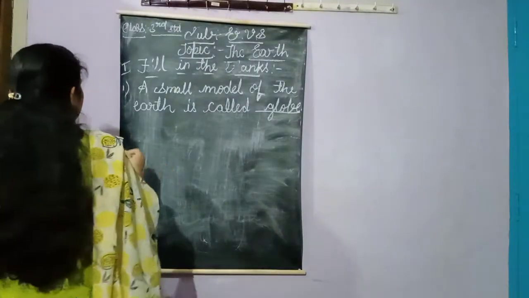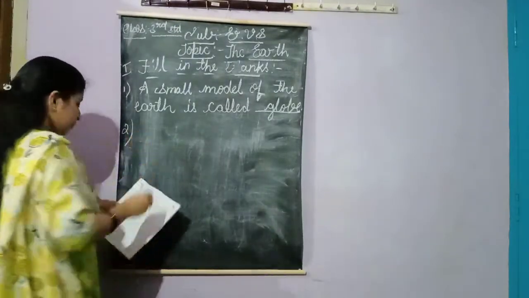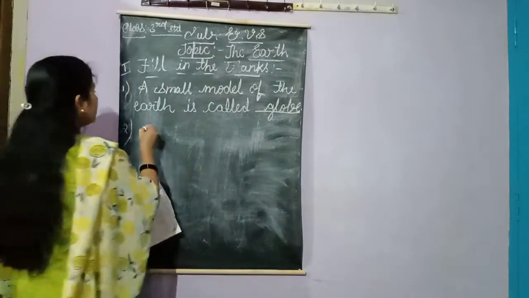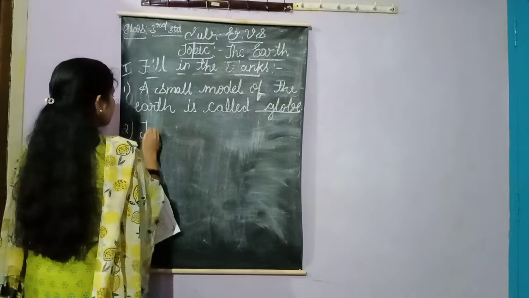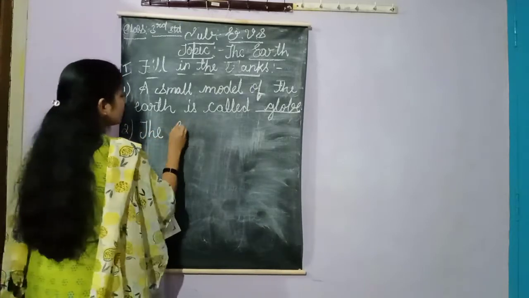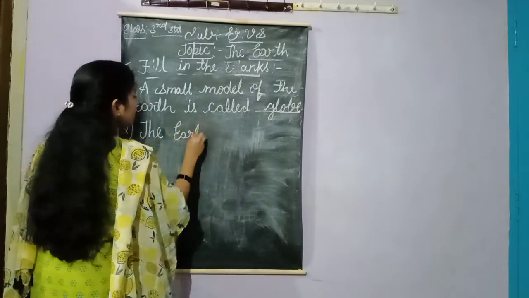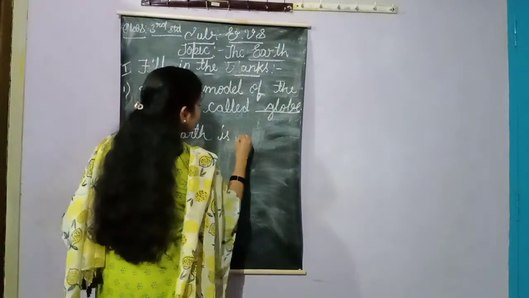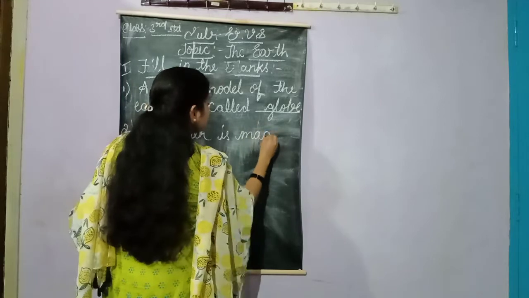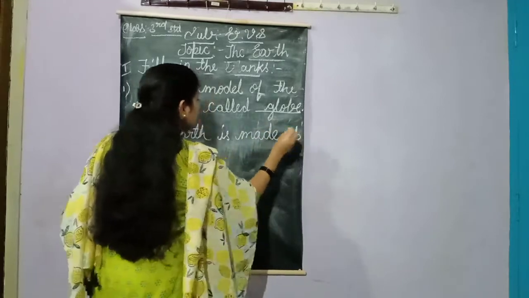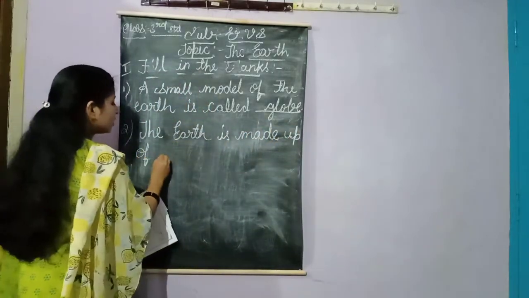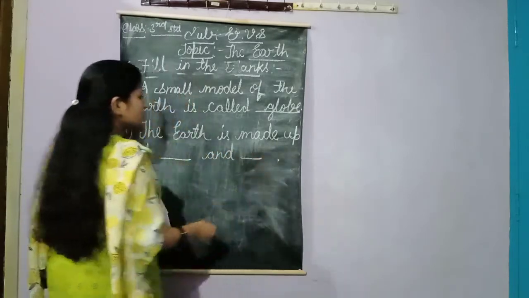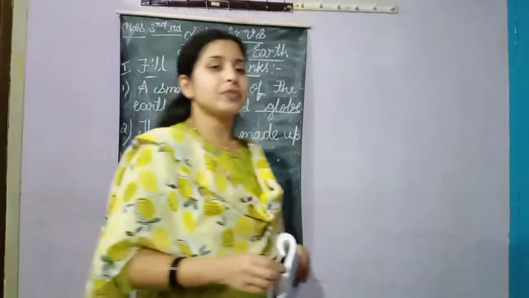Write down the second one. The Earth is made up of dash and dash.